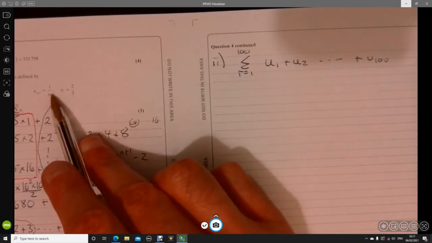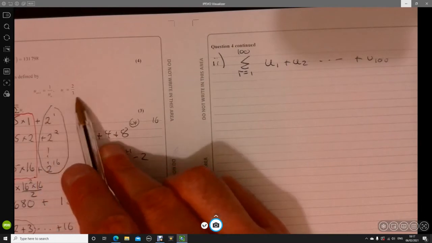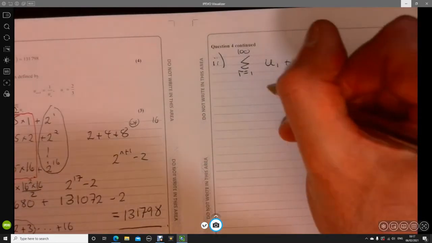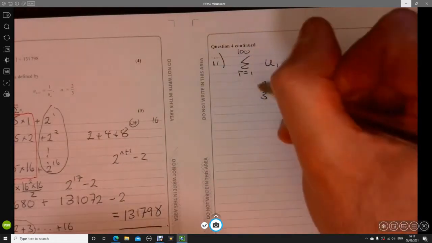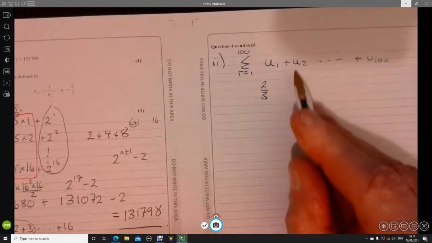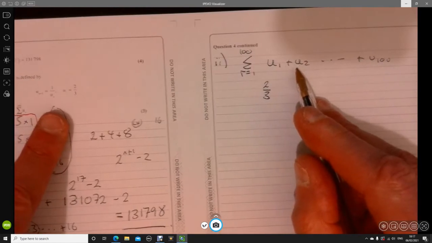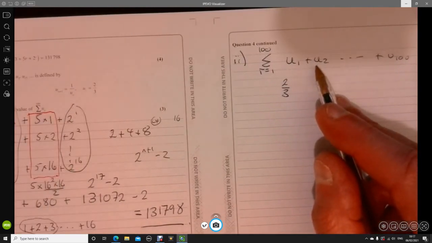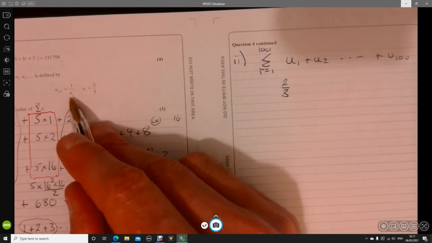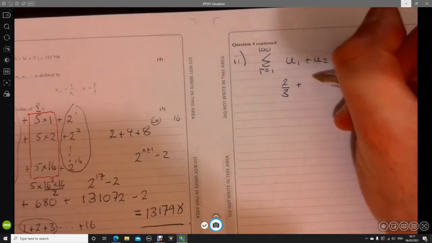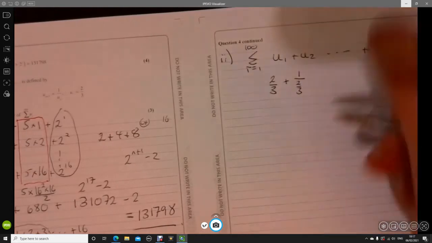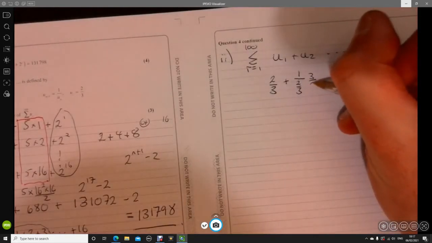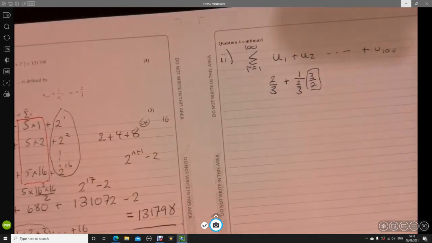Now we're also told about this relationship here. So let's just get an idea of what's going on. The first one's 2 over 3. So that's U1. Now U2, the rule is going to be 1 over the previous one. So it'd be 1 over 2 over 3. Well, 1 over 2 over 3 is 3 over 2.